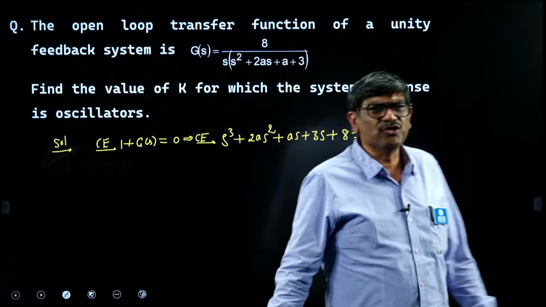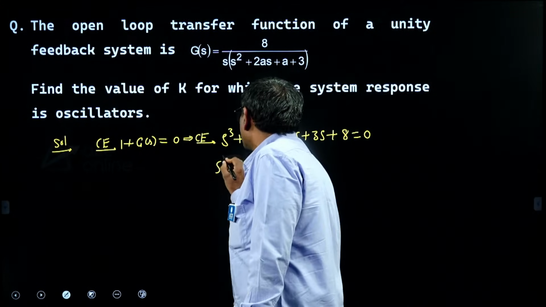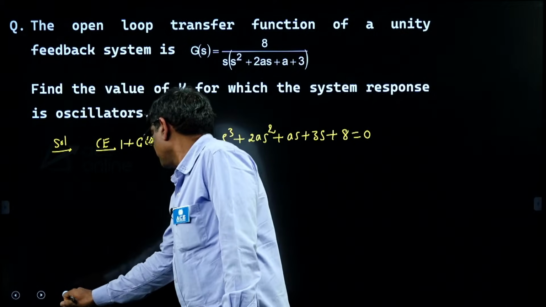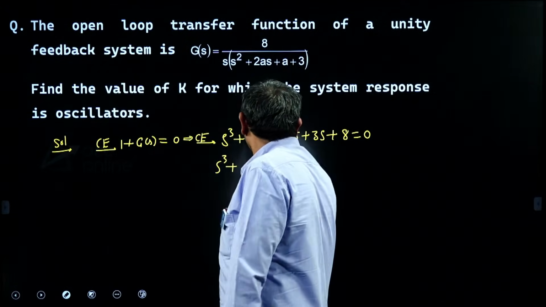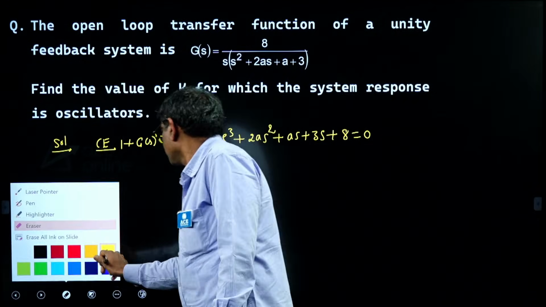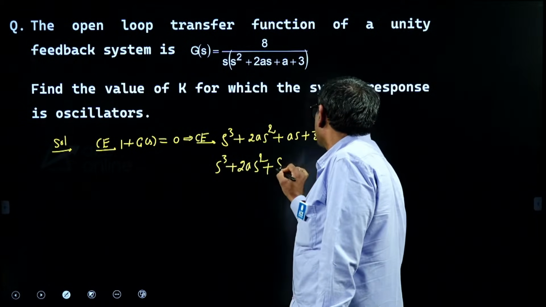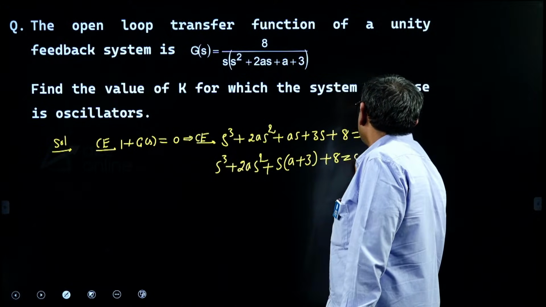Use the shortcut for marginal stability. So, s cube plus 2A s square, plus s common, A plus 3, plus 8 equal to 0.